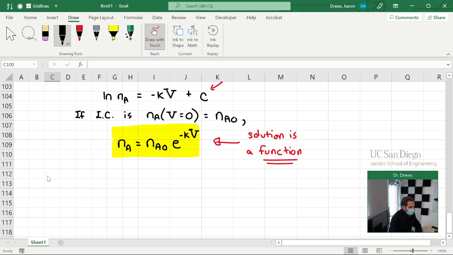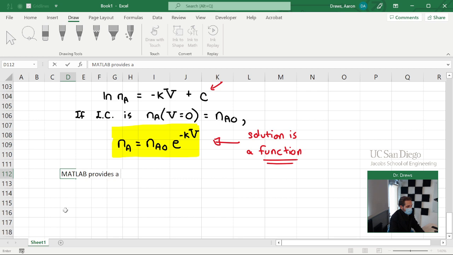What MATLAB provides is, I guess I can type this here and then we'll just draw it. MATLAB is going to provide a vector of v and a vector of NA. It's not going to provide the function itself.